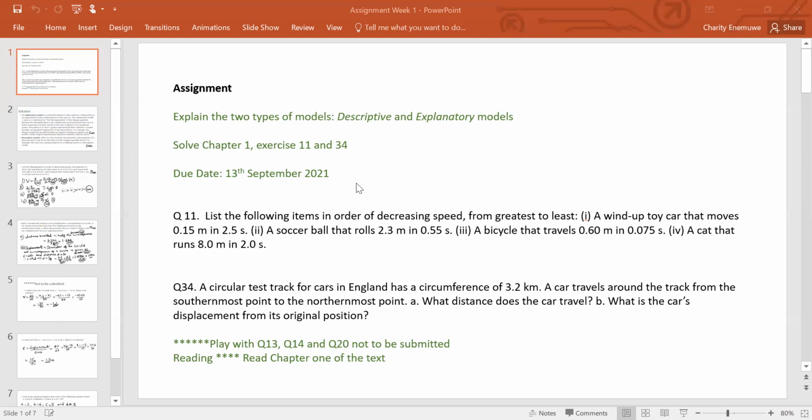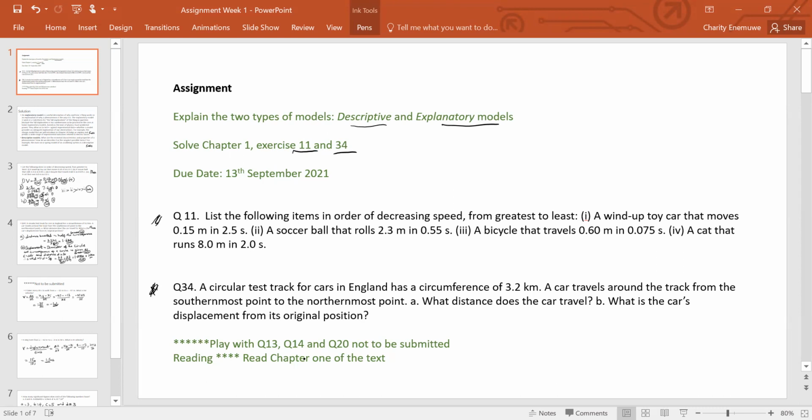We'll have assignment 1 before us, and we are asked to solve chapter 1, exercises 11 and 34, then write an explanation on descriptive and explanatory models. So I have the questions for question 11 and question 34.